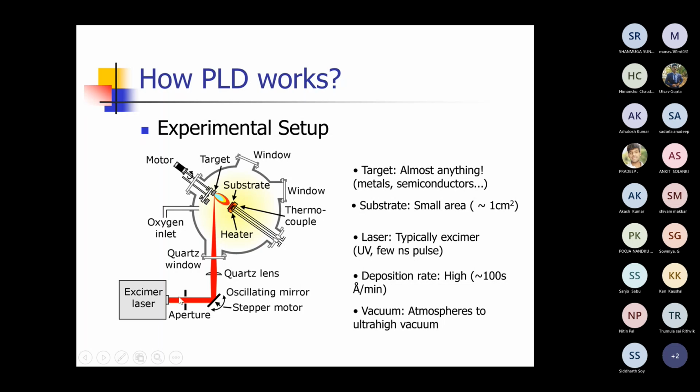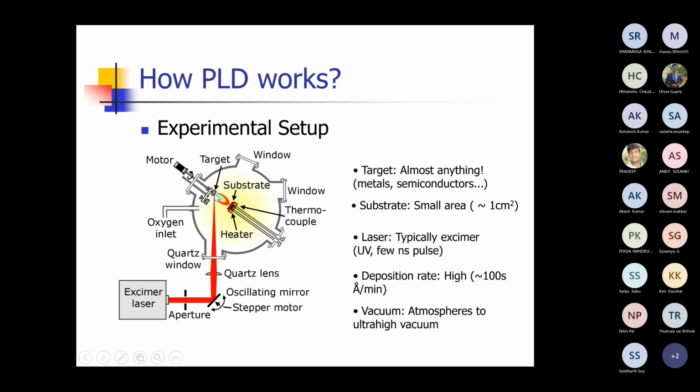In case of PLD, the laser will be outside the chamber, not inside. This excimer laser first falls on a mirror, sometimes two mirrors can be used, and then some lenses are there, and using the lens it will be focused on the target.